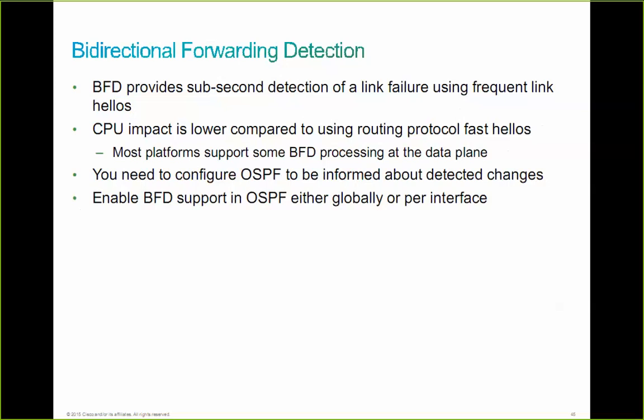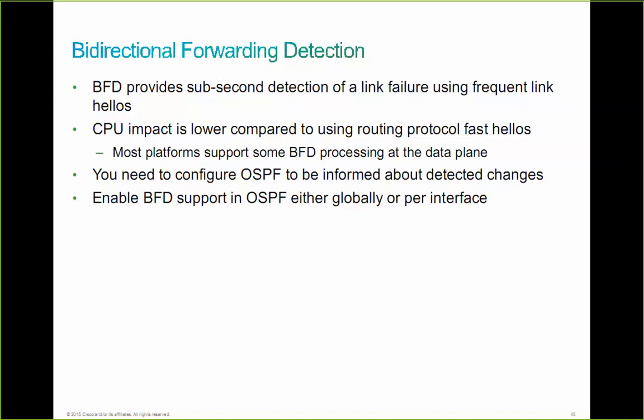But one of the most significant factors in routing protocol convergence is the ability to detect and respond to link or node failures. Remember, we talked briefly about the functions of BFD.